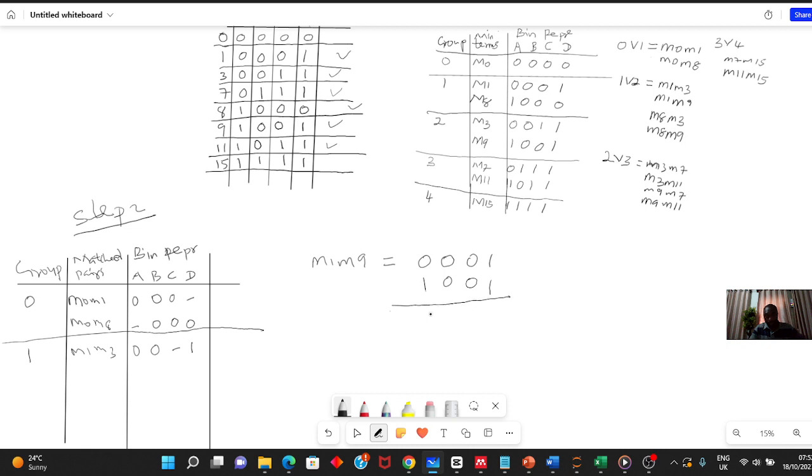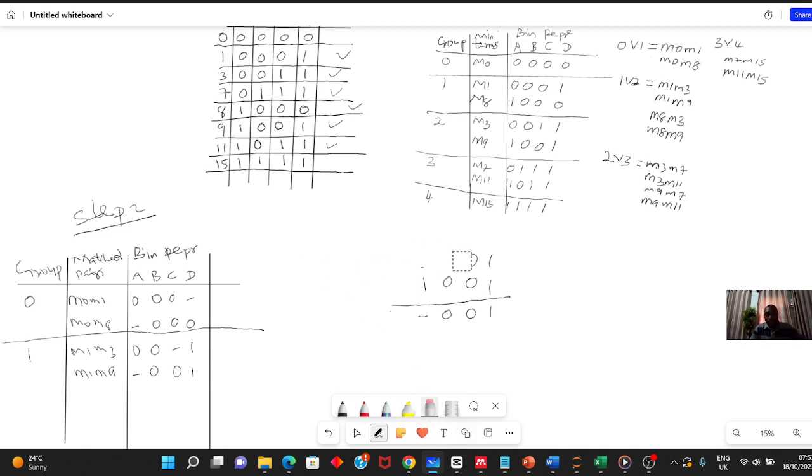So let's see the match pair. 0 mapping 1, you put a dash, then 0, 0, and then 1. So the next match pair in the group of 1 is M1, M9, with dash, 0, 0, and then 1.